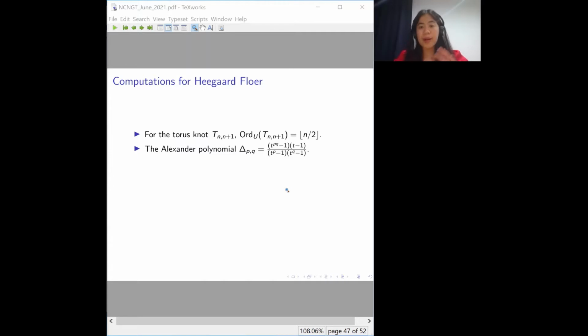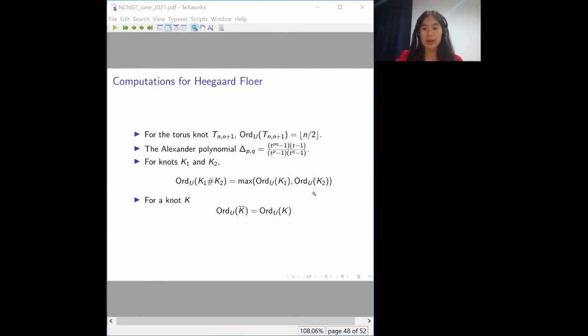We then want to compute the torsion orders for connected sums of torus knots and their mirrors. So we also have these other formulas. For the connected sum of K1 and K2, the torsion order is the maximum of the individual torsion orders, and the torsion order of the mirror is the same as the torsion order of the knot.